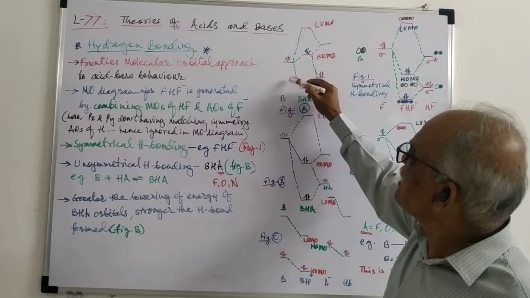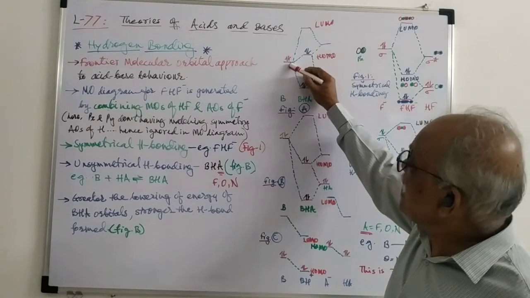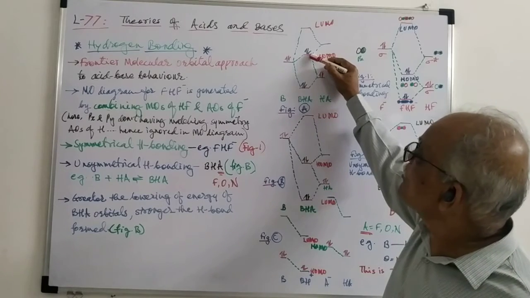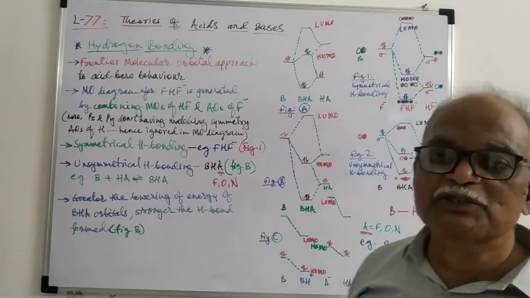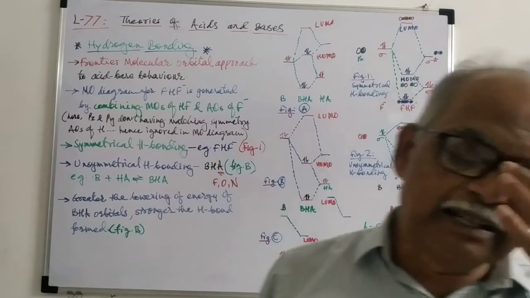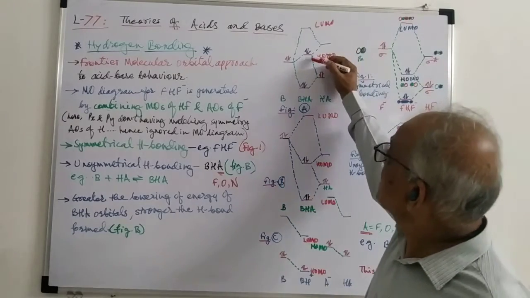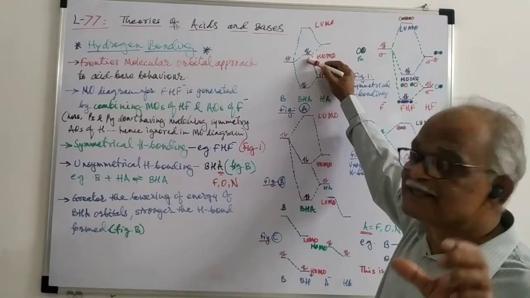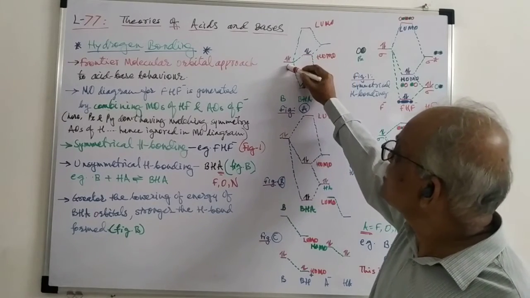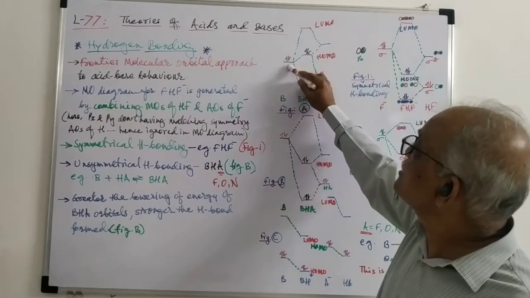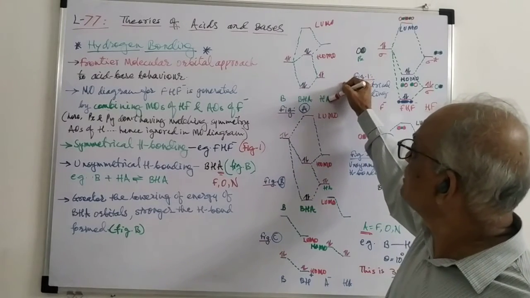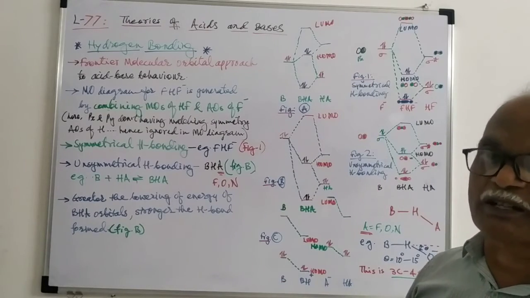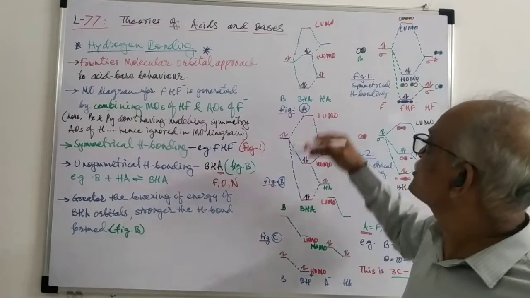So the reactant has a HOMO of lower energy and the product has a HOMO of higher energy. In this case you will understand that stability is always for the low energy state. So boron is stable, so it will not react with HA. You will not get the suitable product. So that is poor interaction.